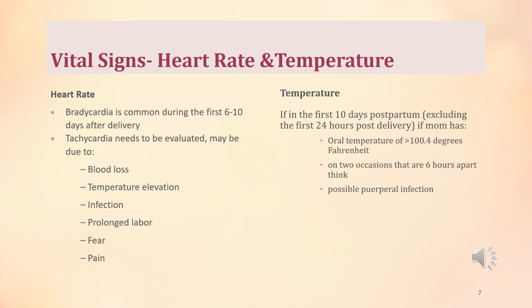If we have 2 of those, then we may be at risk for some kind of infection, and puerperal means uterine infection. It's just not a word we use very much. It's not easy to say, so I'm just going to add that in there for you.